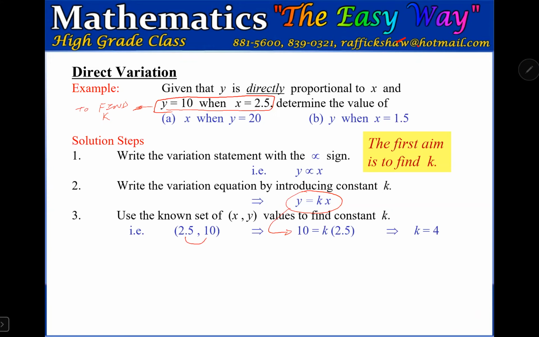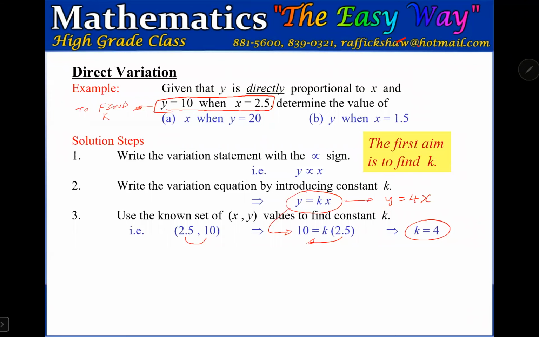So y equals 10, and the x is 2.5. And then when you divide by the 2.5 here, you see that the k equals 4. Now the k is a constant and it's not going to change. So because the k is a constant, it means that this formula is really y equals 4x. And that is now your known relationship formula.